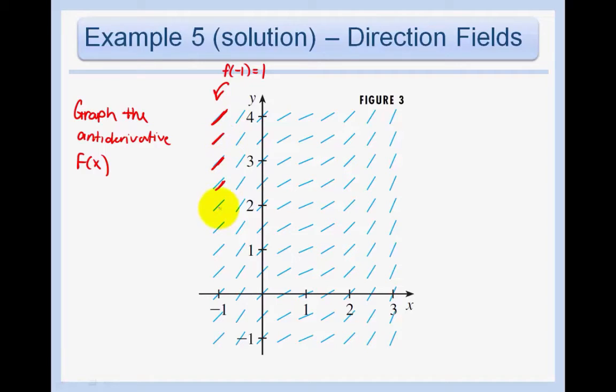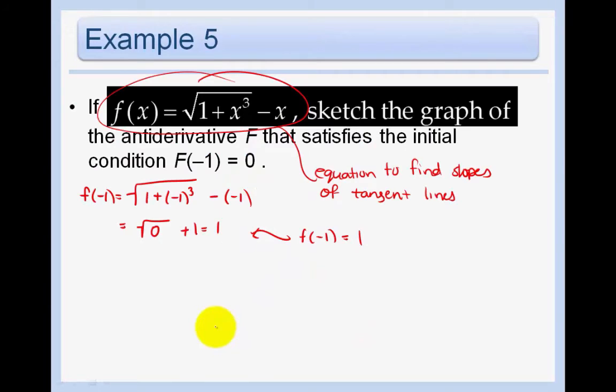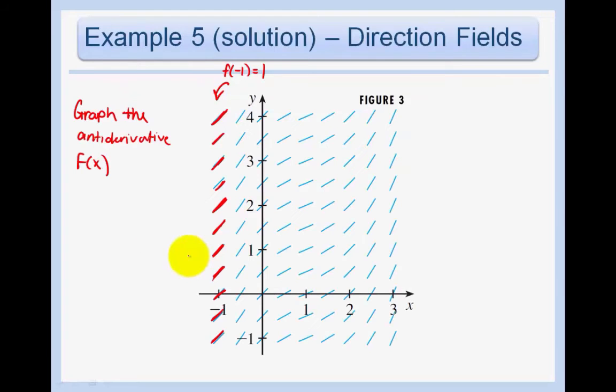And don't forget, a slope of 1 is a 45-degree line, so I'll just draw in these little direction fields indicating that. So now I need to go back, and let's see what f of 0 is. Well, 1 plus 0 minus 0 equals 1. Yet again, at all x values is 0, I'm going to get a slope of 1.